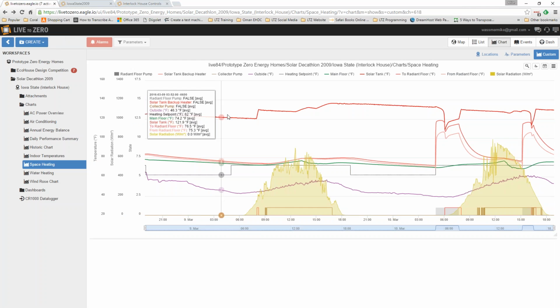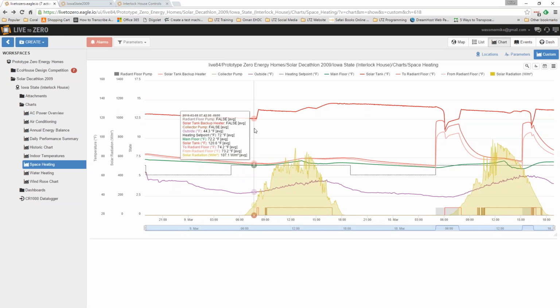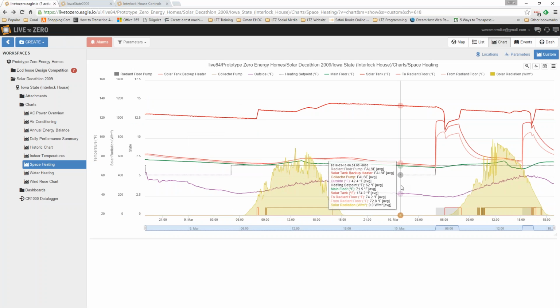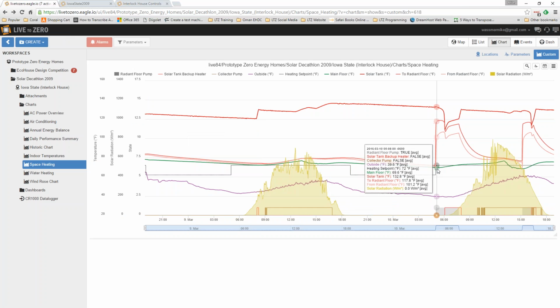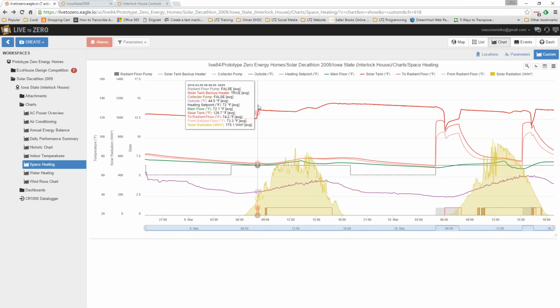And what's going on is that the backup heating element turned on. The radiant floor in the house is programmed to come on at 72 under normal circumstances. The tank's heating source is programmed to turn on when it gets down to 120.